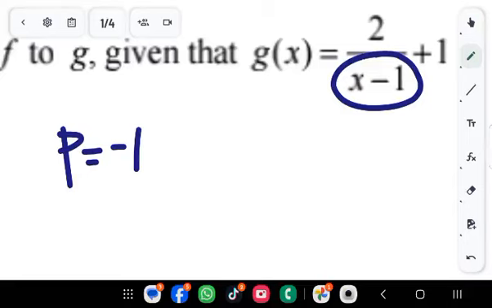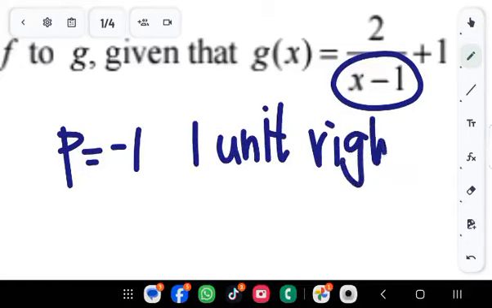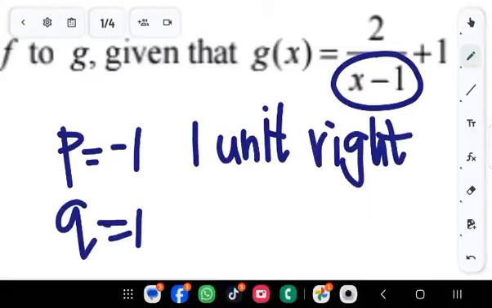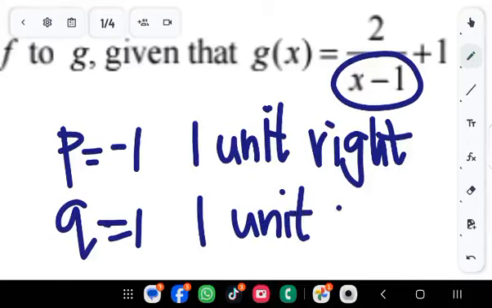This means 1 unit to the right, and then our q equals 1. That means it's now 1 unit up, right?